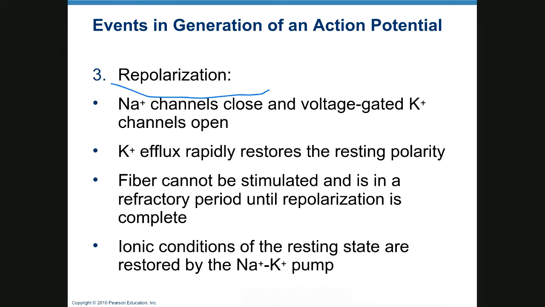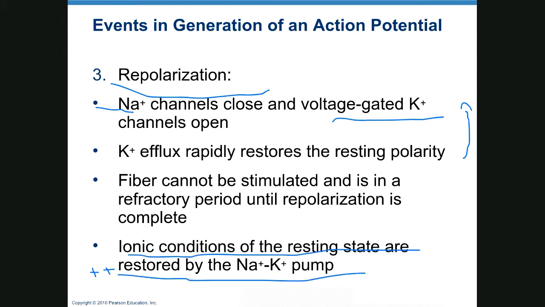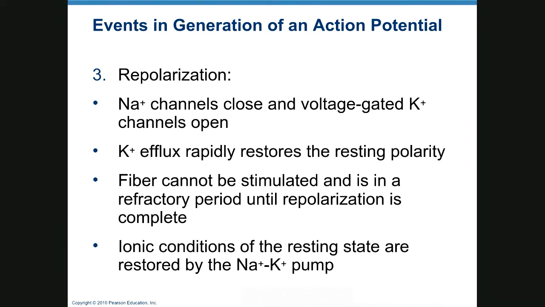Repolarization takes place initially: sodium channels close and potassium-gated channels open, and potassium will leave the cell. Now, at that point, you have positives on the outside because potassium is also positive, but you can't have another reaction, another muscle contraction, until the ionic condition is reinstated.